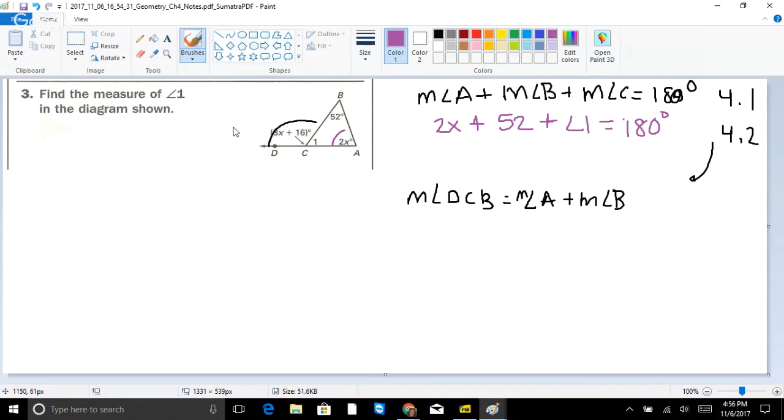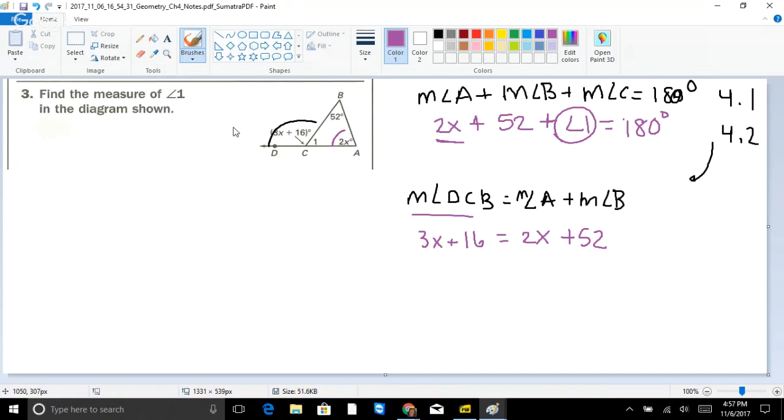Okay, this is promising, except I can't just solve for angle 1, because I have this 2x getting in my way. So let's try this next one. I have DCB is 3x plus 16. The measure of angle A is 2x, and the measure of angle B is 52.